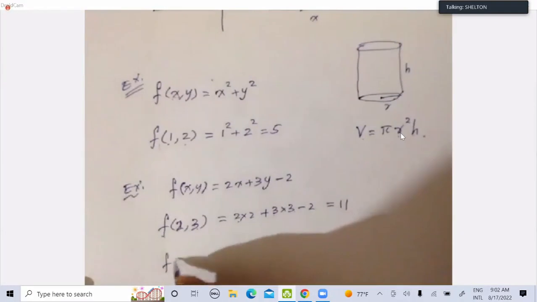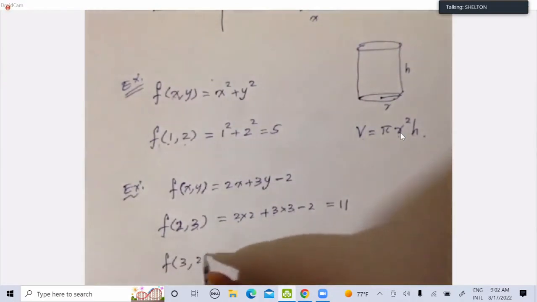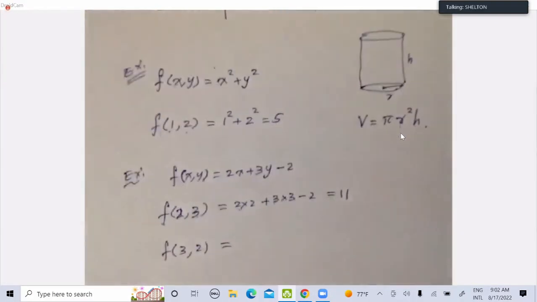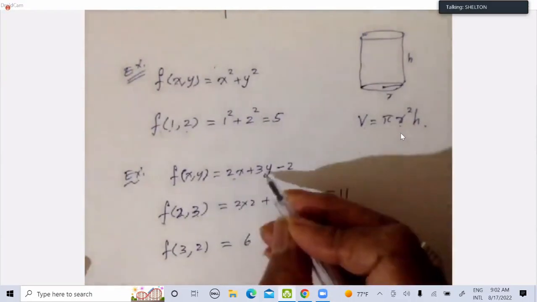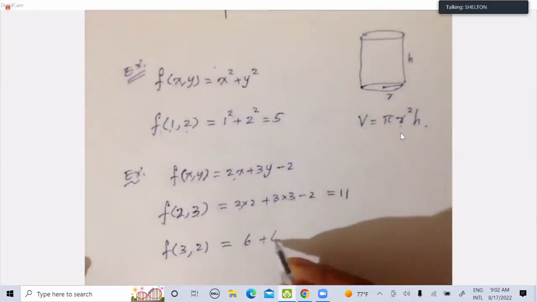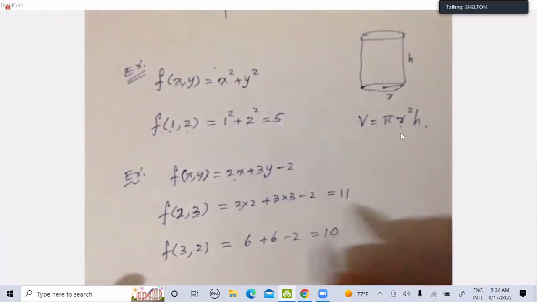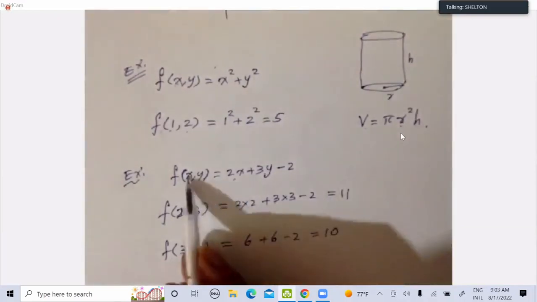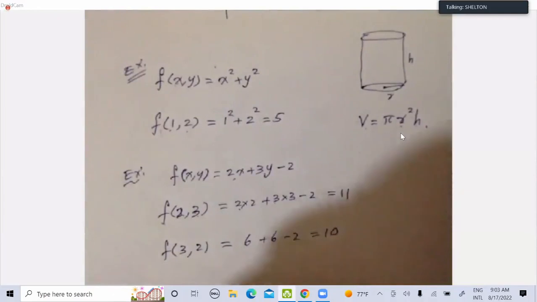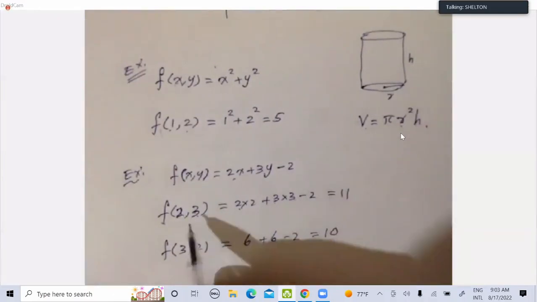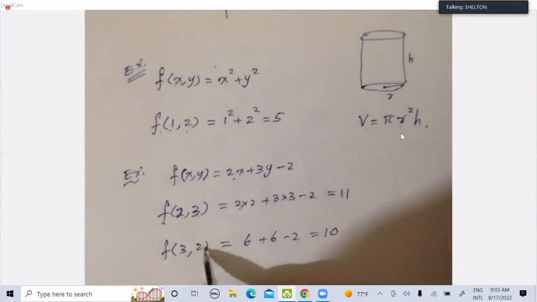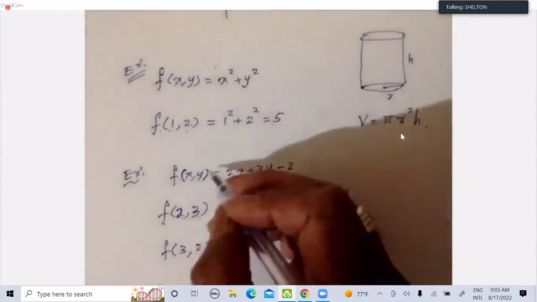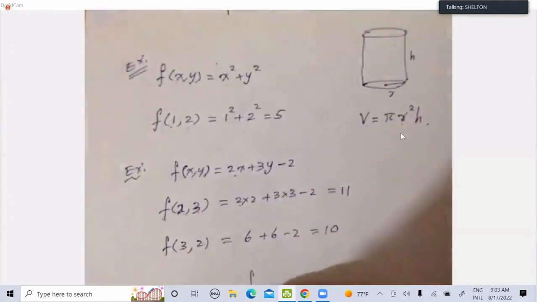What is f of 3, 2? Now, here, the first one is 6, plus the second one is also 6, minus 2. That is 10. So here, x comma y is considered as an ordered pair. The order in which we write things is important.